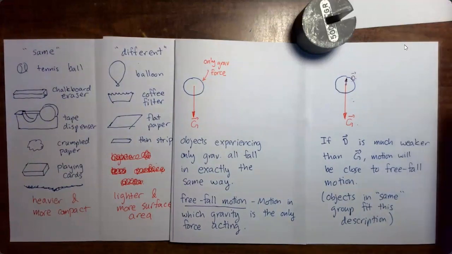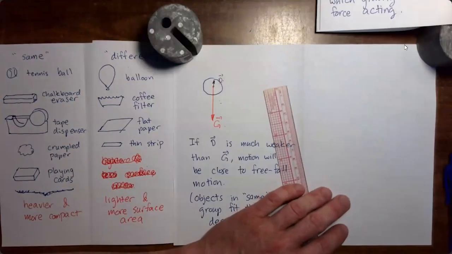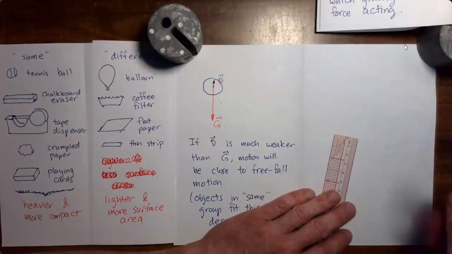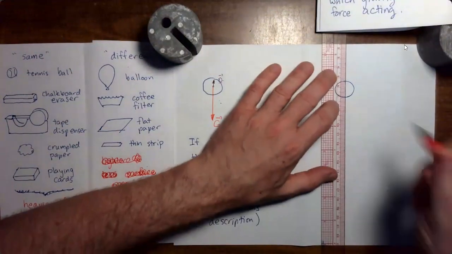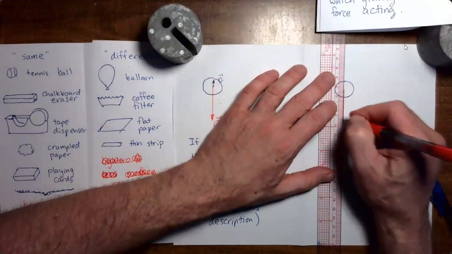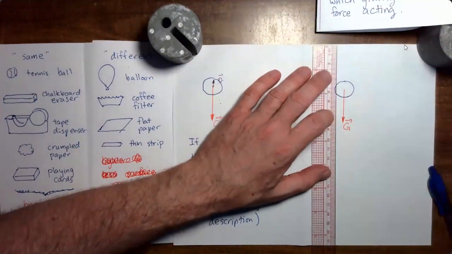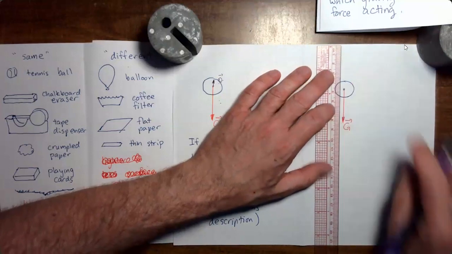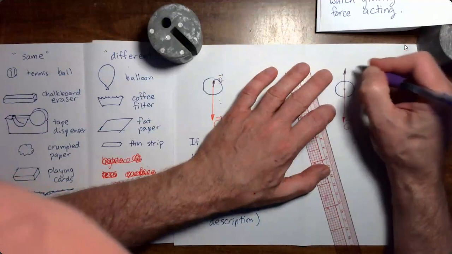Finally, let's talk about those objects which fall into the different category. Objects in the different category experience a gravitational force, but they feel a drag force which is not so small compared to the gravitational force.